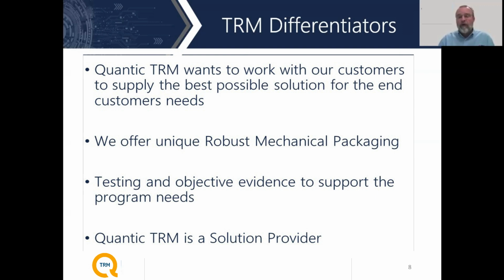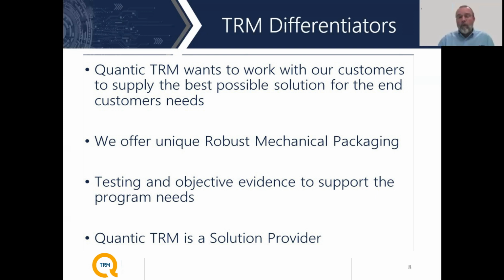We can build that strip line using a conventional compression technique, or we can go in there and use a bonded PCB. What that really means is that we can design and manufacture components that will fit into the way our customers expect to mount them into the system.